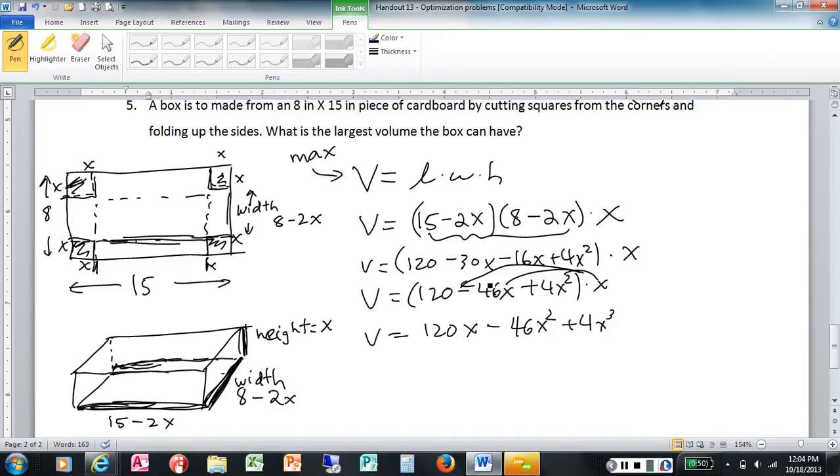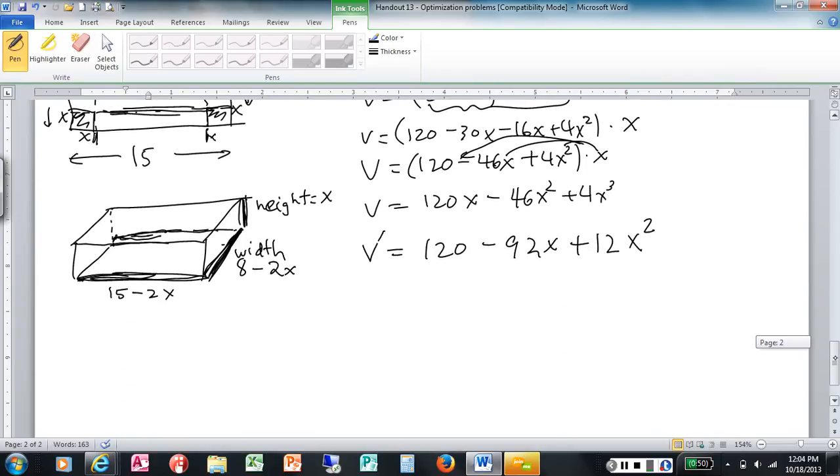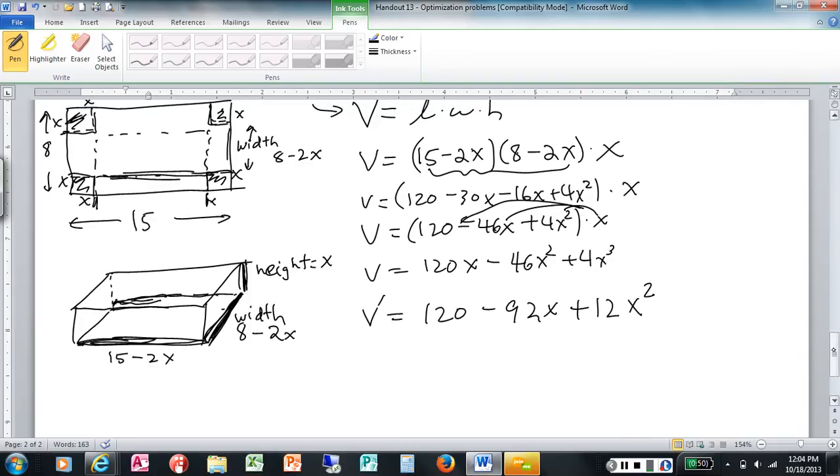So now I want to maximize that, so I need to do the derivative. Derivative is 120 minus 92x plus 12x squared, right? And obviously I want it set to 0. Any ideas on that?